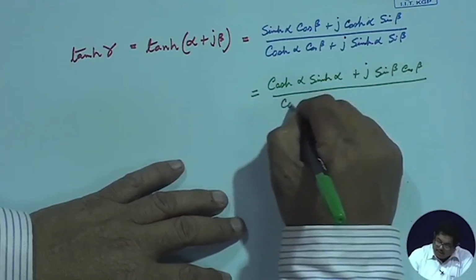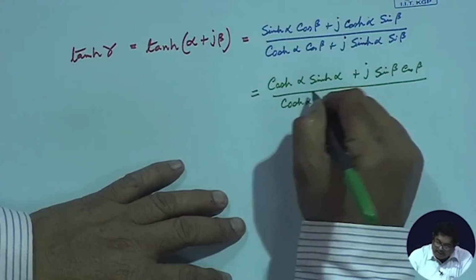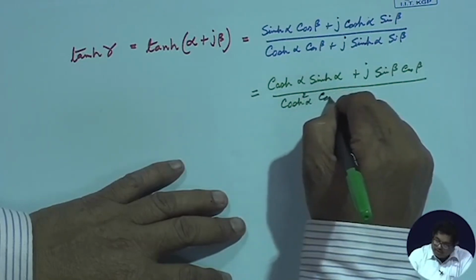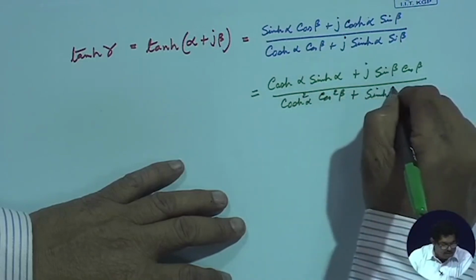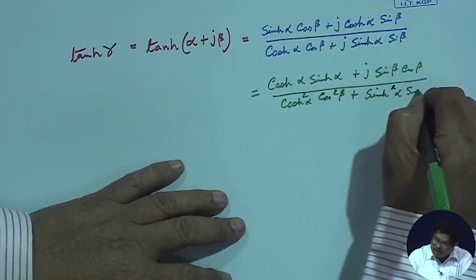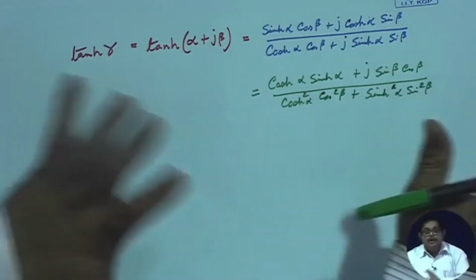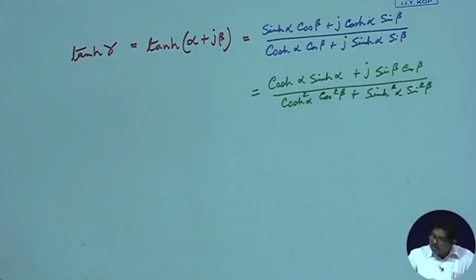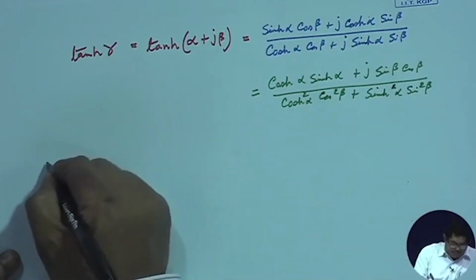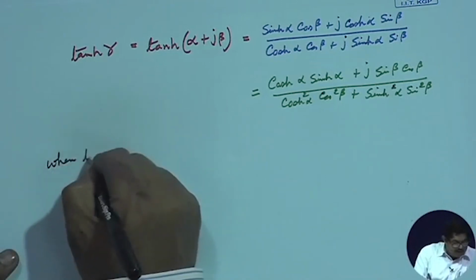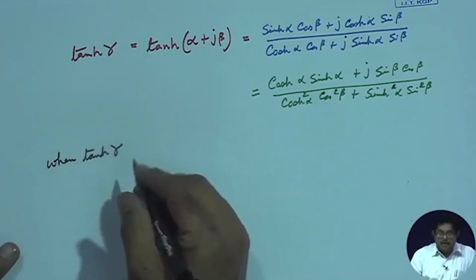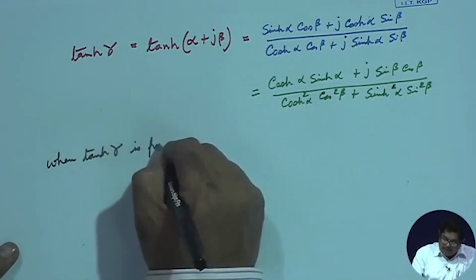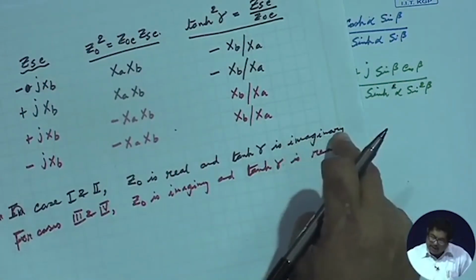by cos hyperbolic square alpha cos square beta plus sin hyperbolic square alpha sin square beta. So, the denominator is pure real. Now, I can talk of that when tan hyperbolic gamma is, we have seen that in this case tan hyperbolic is pure imaginary.